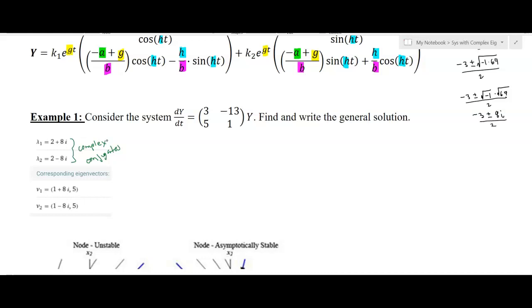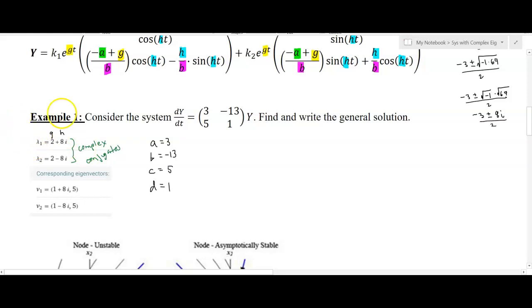So to piece this all together, the first thing we should do is identify what the components are. We know from the matrix that A is 3, B is negative 13, C is 5, and D is 1. From the complex eigenvalues, here we have G, here we have H. H, we're always just going to take the absolute value of.